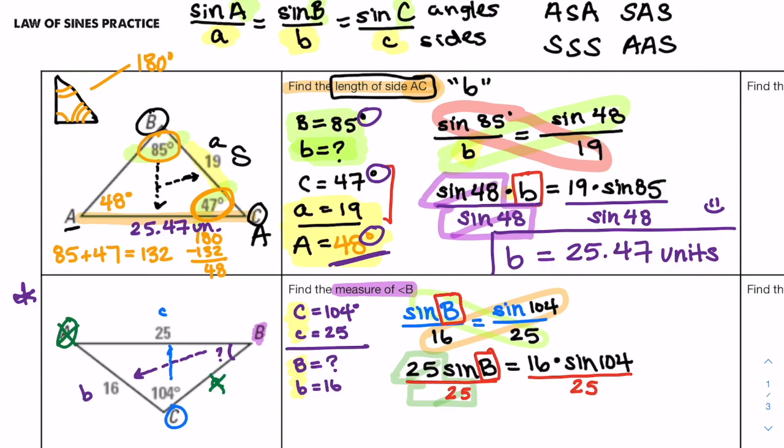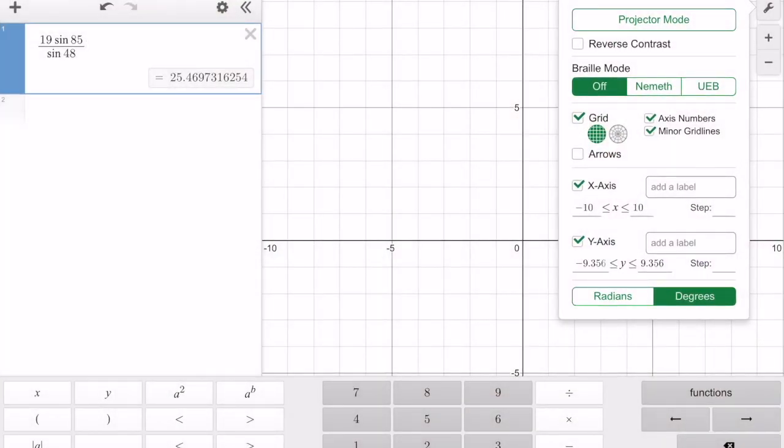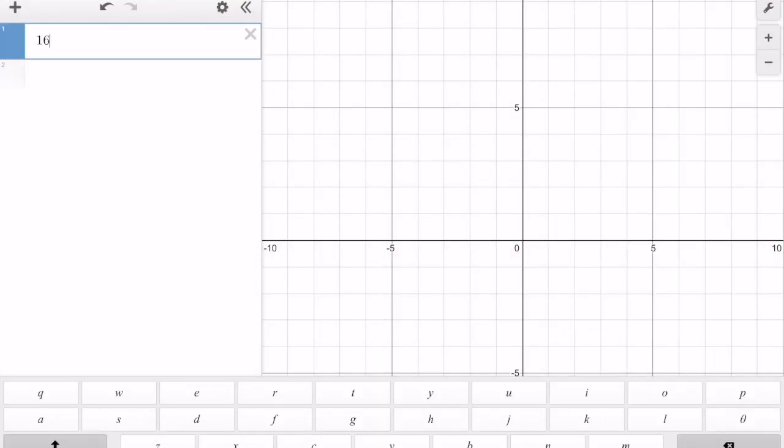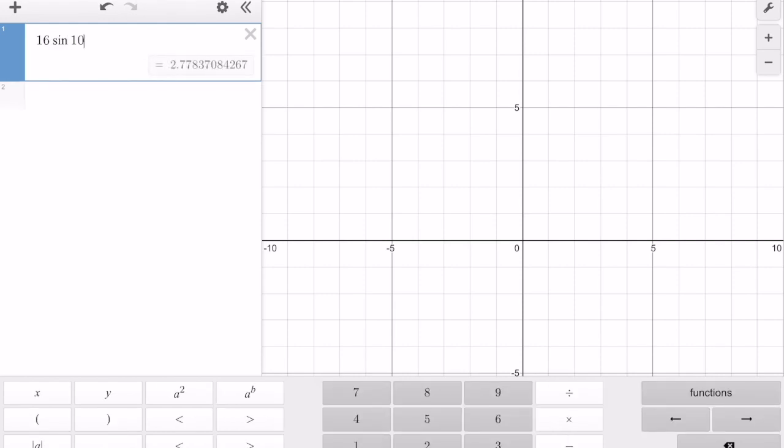So let me go into Desmos, and I have to do 16 sine 104 divided by 25. And again, let me just check.